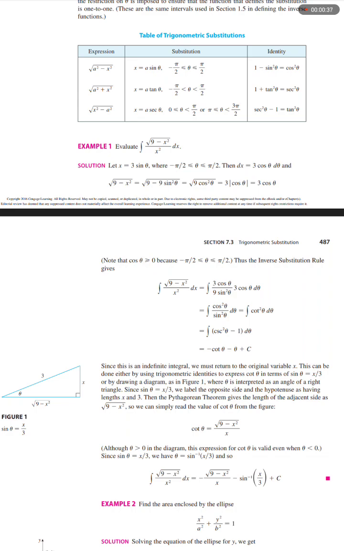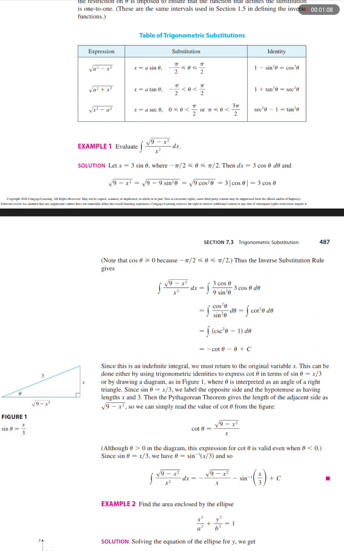Then dx equals 3 cosine theta d theta, and the square root of 9 minus x squared equals the square root of 9 minus 9 sine squared theta, equals the square root of 9 cosine squared theta, equals 3 times the absolute value of cosine theta, equals 3 cosine theta.